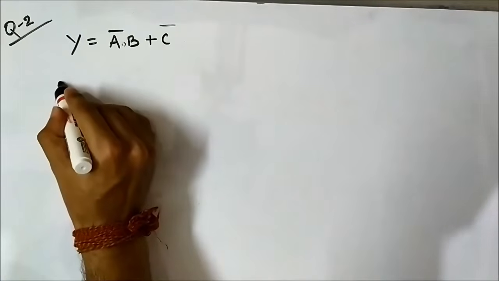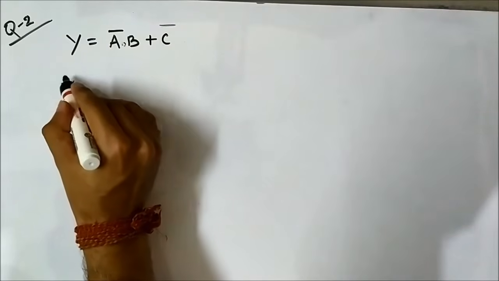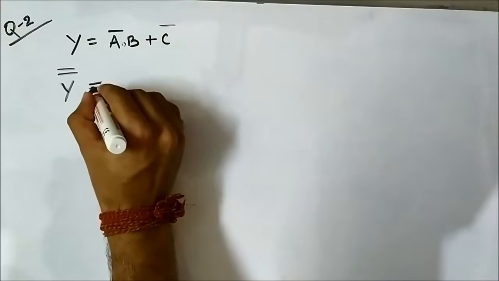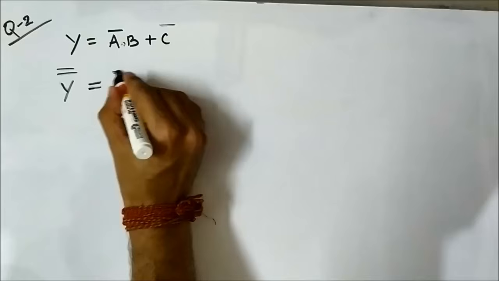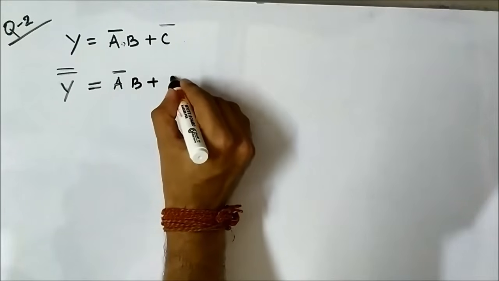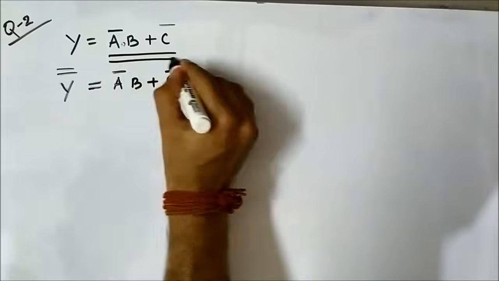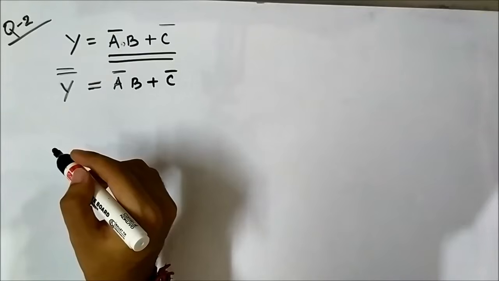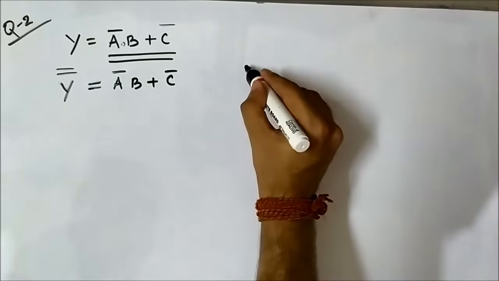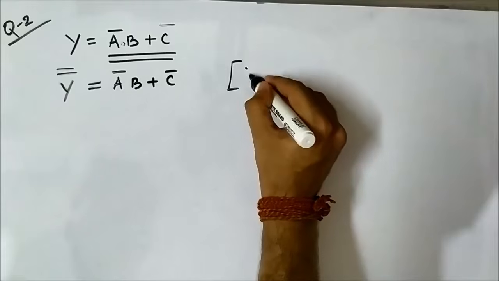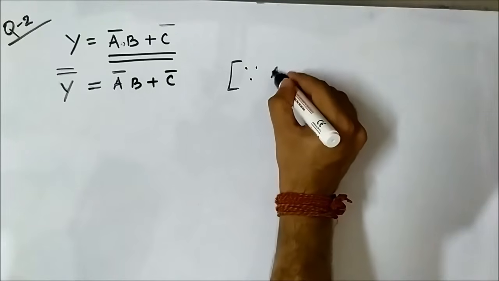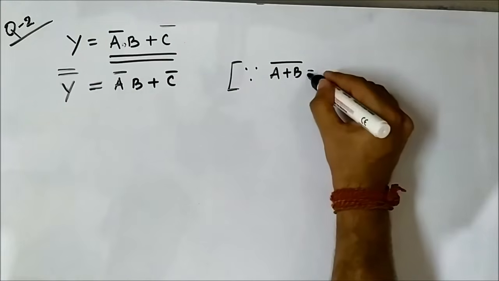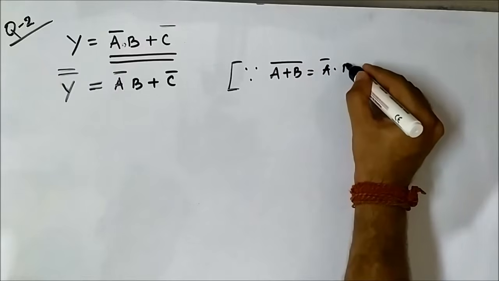So again the usual approach, double complement it, we will double complement the whole expression. So it will become (A complement B plus C complement) double complement. Okay. Now here this De Morgan theorem will be used. (A B) whole complement is A complement or B complement.